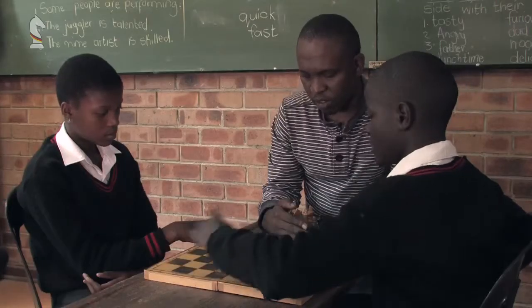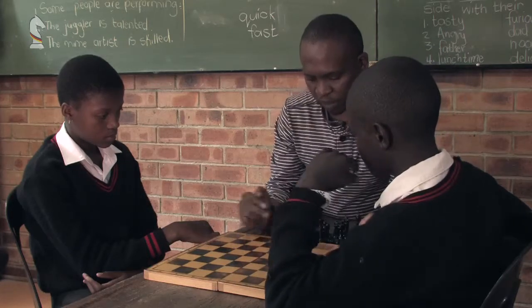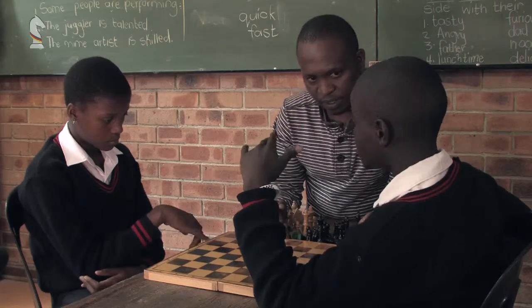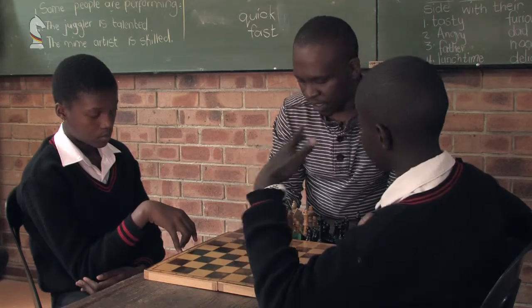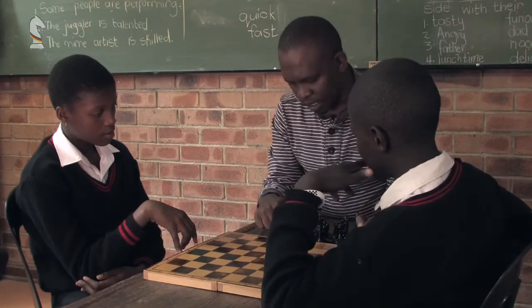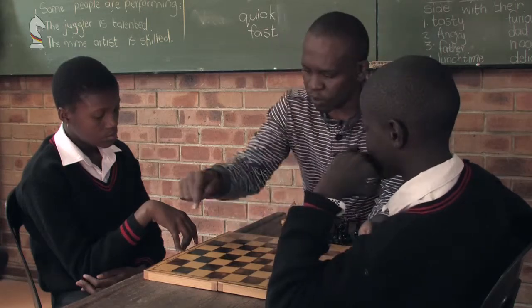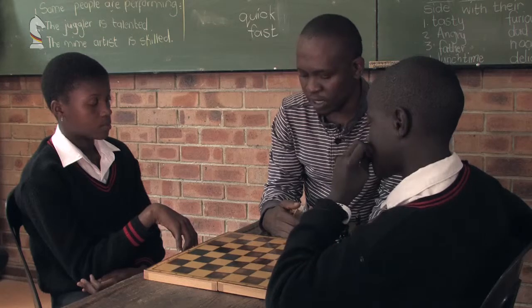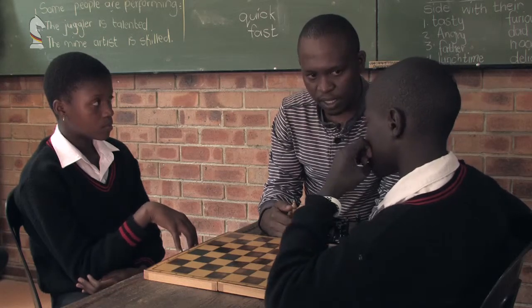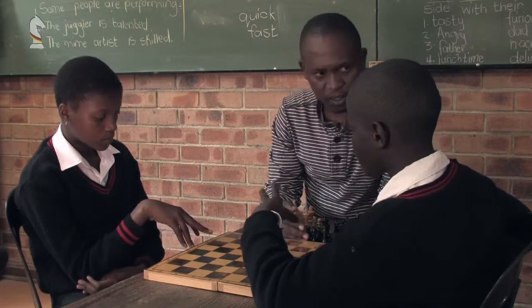The rook is on H5, and it moves to H8, then it moves to A8. So let's do it again. It's on H5. The rook moves to H8 and it moves to A8.